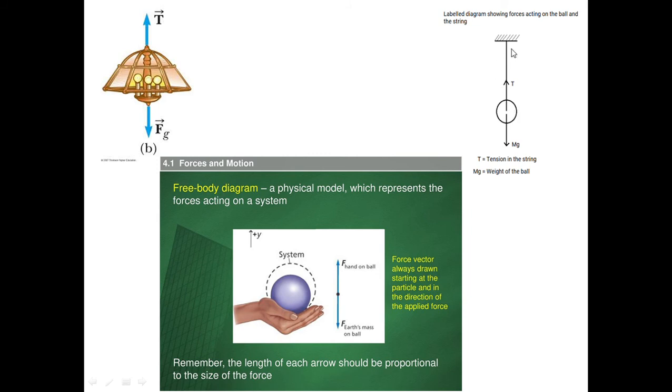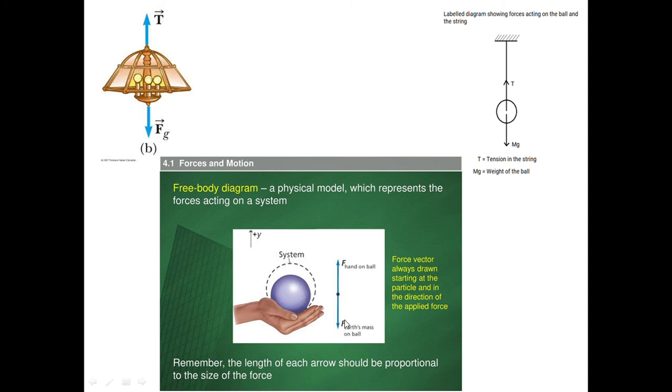Now look at this. A ball is hung from a thread. The weight of the ball acts towards the earth. The tension in the string is shown by capital T. So these two are opposite forces which are equal, and the ball is in an equilibrium position, balanced. Now if you keep something on your palm, the weight of the object will act towards the earth.